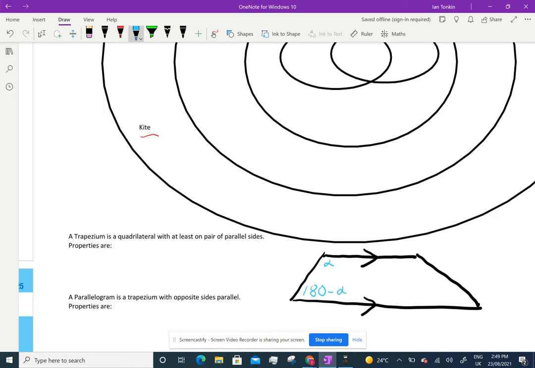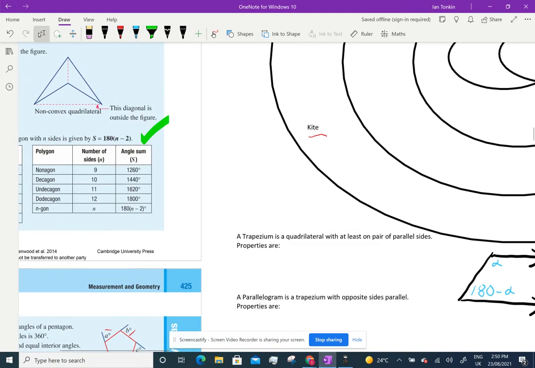And the same with this angle and this angle. So my property is that in a trapezium we have co-interior angles.